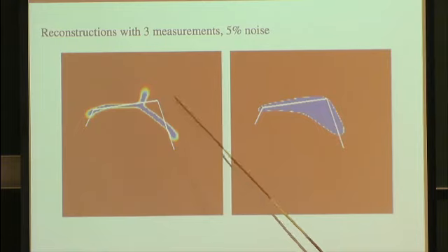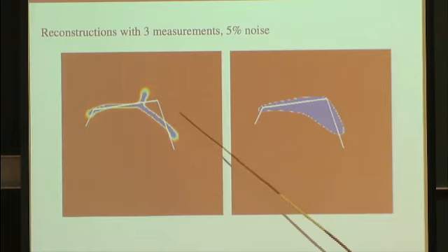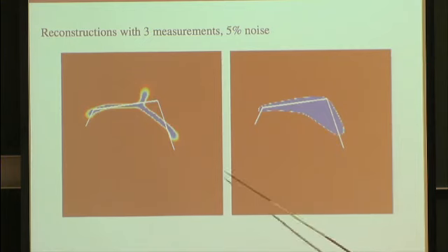So you have a crack with a sharp angle, and it's trying to smooth it down to lower the length and adding this extra part here just to get this singularity in some sense. So this is something that this method likes to do, but still the location is very well recovered.